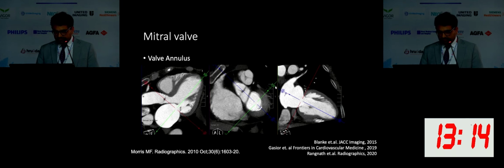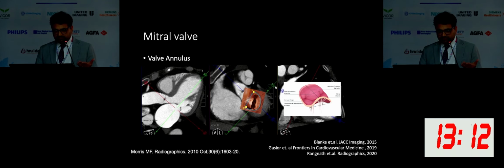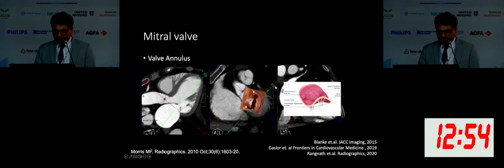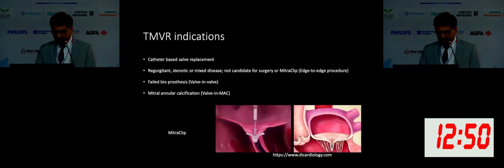So it's a D-shaped valve. If you look at the cross section here, there is an anterior fibrous trigone, a posterior fibrous trigone, and then the leaflet attachment to the myocardium, which forms the D. If you view the valve from the lateral aspect, it's actually not in a single plane, it's a saddle. That is an important caveat to remember.